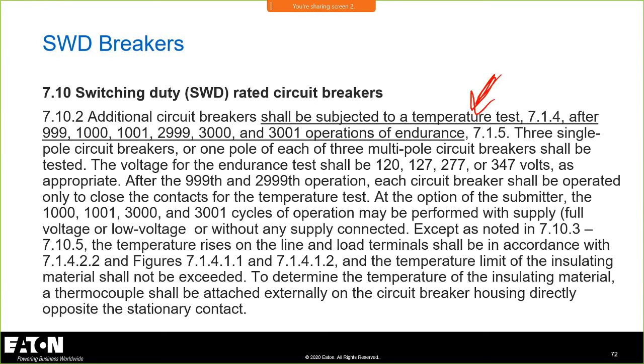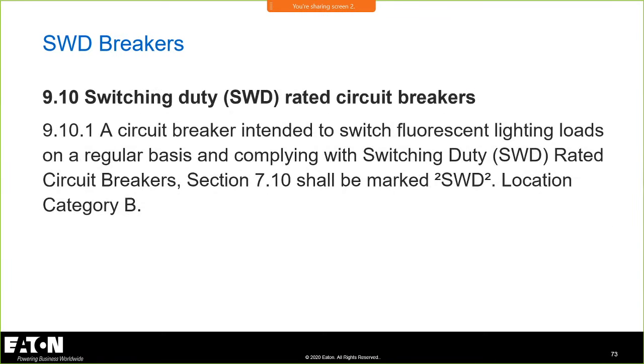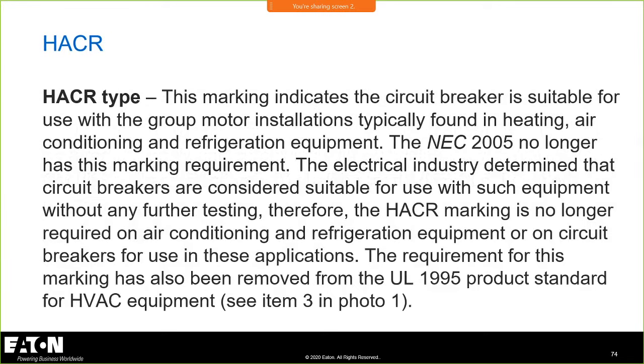And where's your cycles? There's your cycles. Okay. And what I'm not seeing here is the power factor for the load. We had that on the HID, but we don't have that on this one. All right. So, if it passes those tests, you can mark it SWD.